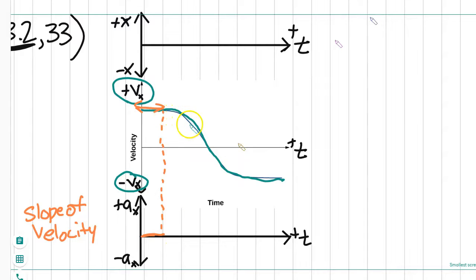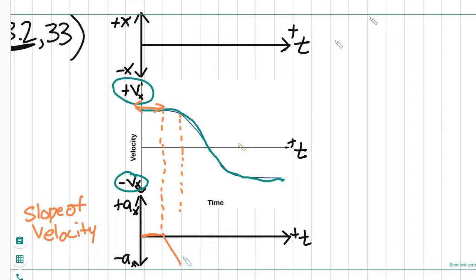Then look at this, it looks like it goes concave down. Do you see that? So what that means is the acceleration's not constant, it's actually changing. And since it's concave down, the acceleration is going to become more and more negative. So up till about this point, I'm just going to use some of these lines as reference. Up till about this point, I think the acceleration's becoming more negative.